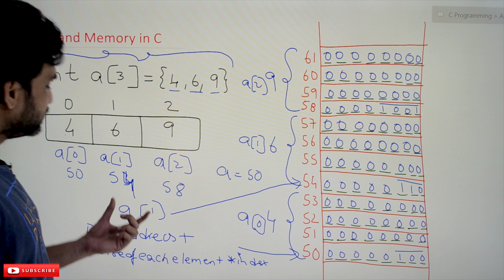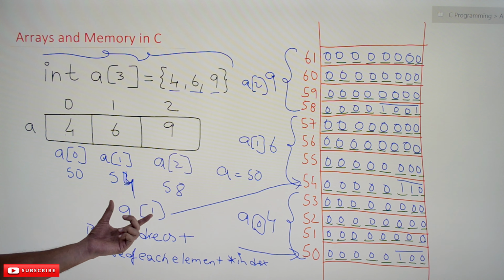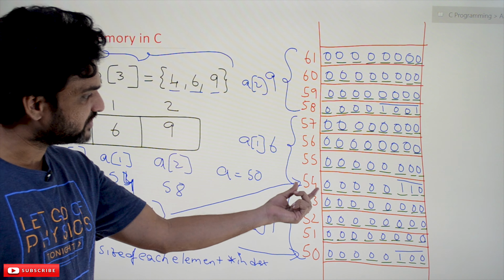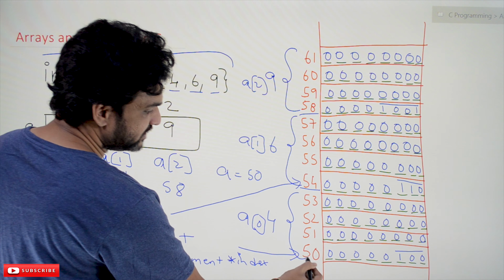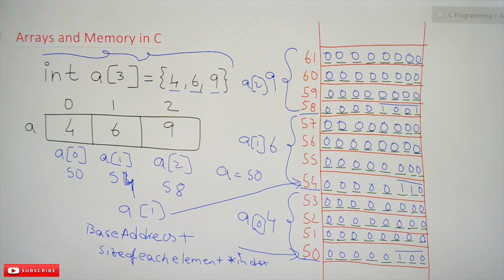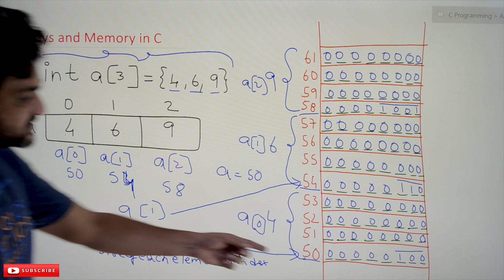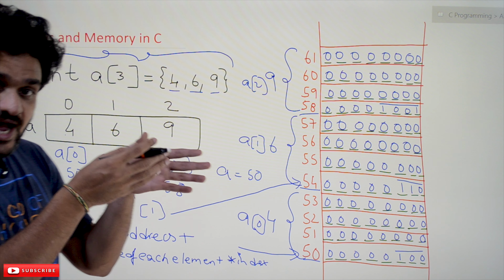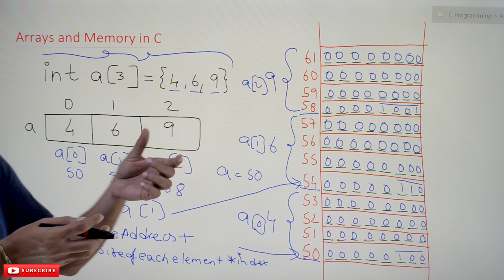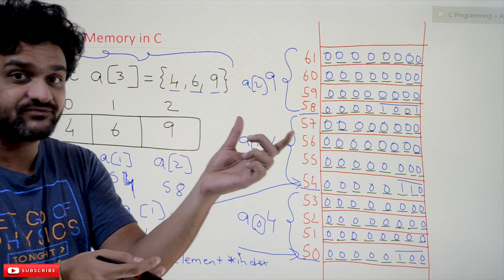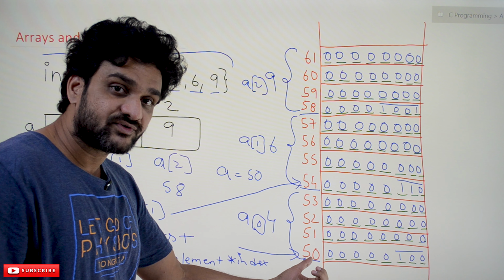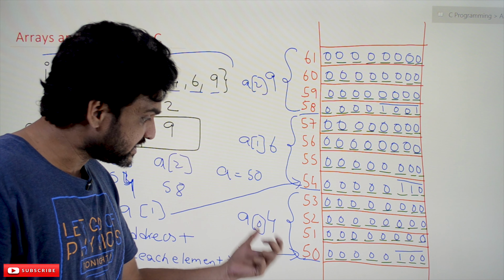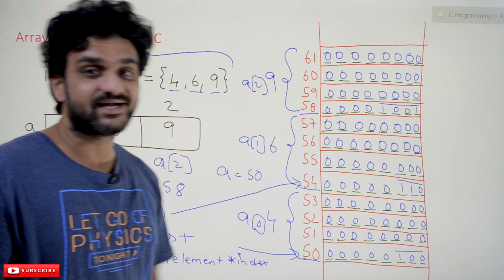So for example, if you are trying to access the element stored in a of i, we have to get this address: 54 for a of 1, 58 for a of 2, and for a of 0, we have to get 50. So the formula used is base address plus size of each element into index. So what is the base address? Base address means the address of the first element, the first byte of the first element is what we call the base address.